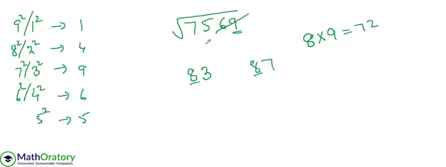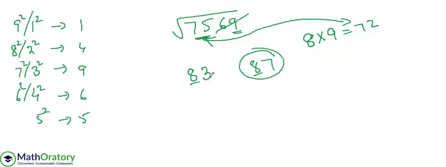Now all you have to compare is the remaining part, whether that is greater than or equal to 72 or not. If it is greater than or equal to 72, then we take the higher possibility. If it is less than 72, then we'll take the lower possibility. But in this case, 75 is greater than 72. So we will simply take the higher possibility, and the answer would be 87.